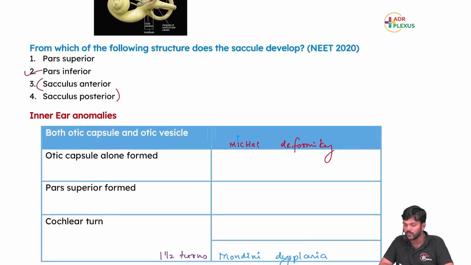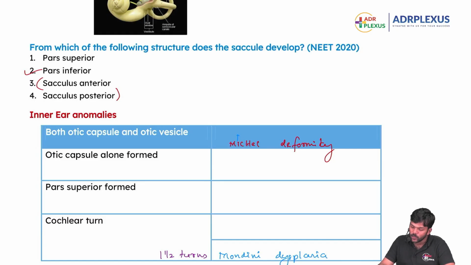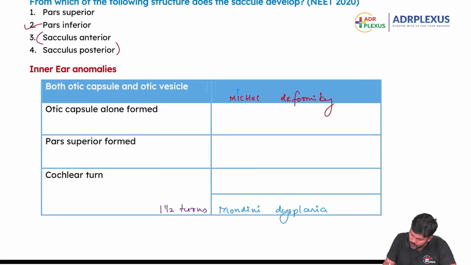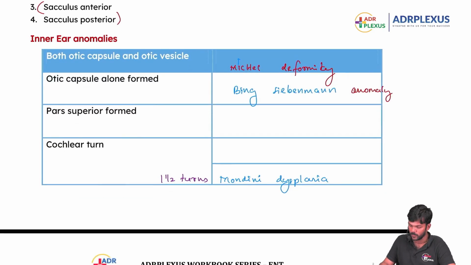Now we can fill in the intermediate spectrum of diseases. Otic capsule alone formed, otic vesicle not formed, we call it Bing-Siebenmann anomaly.